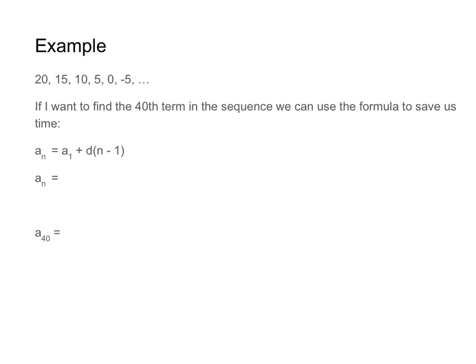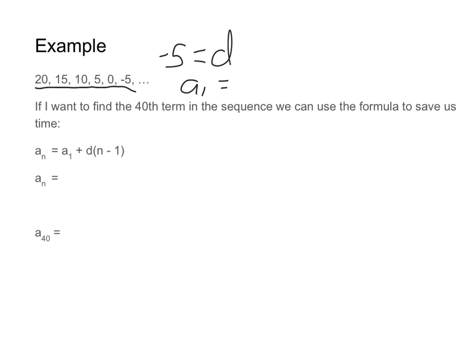So here we go. Up at the top, there's my sequence. What's my rule here? Going 20, 15, 10, we're subtracting 5 now. So that is my d. In my formula down below, we need d and we need a sub 1. That's all I have to plug in to get my formula. So d is negative 5, we know that. And a sub 1 is my first term, my initial value.